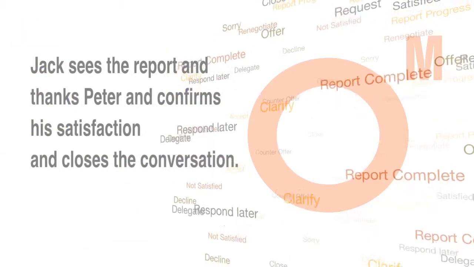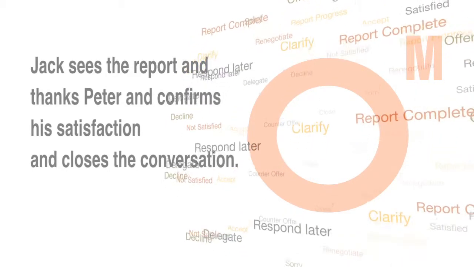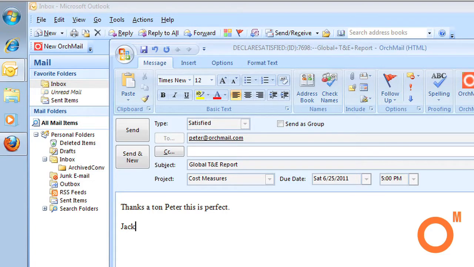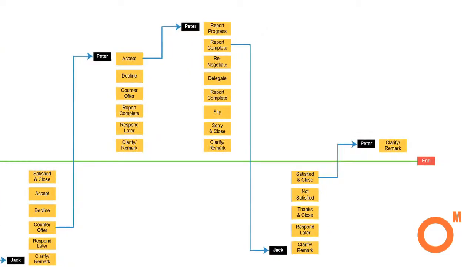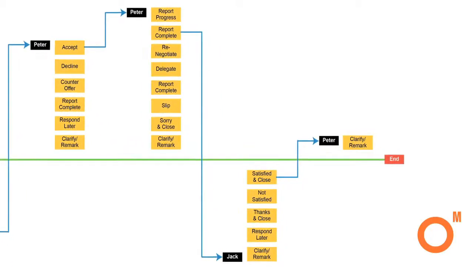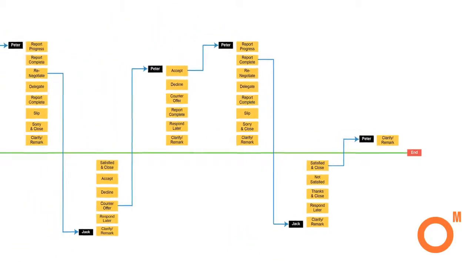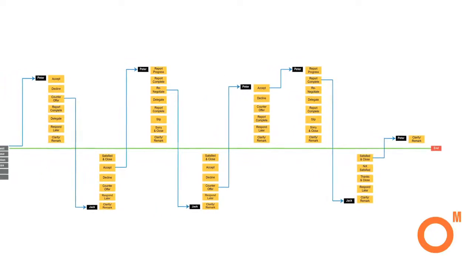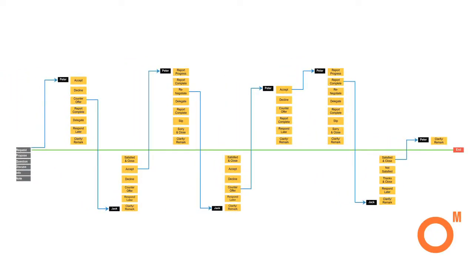Jack sees the report and thanks Peter, confirms his satisfaction, and closes the conversation. Peter can still ask for further clarification, but the conversation has come to its logical conclusion. You can see how Orchestrator Mail allows you to manage email communications despite whatever conflict or changes might arise.